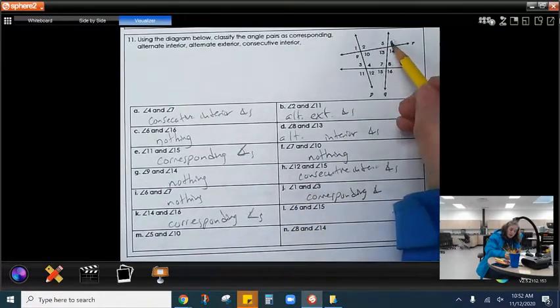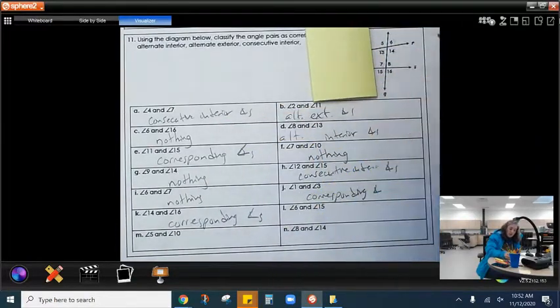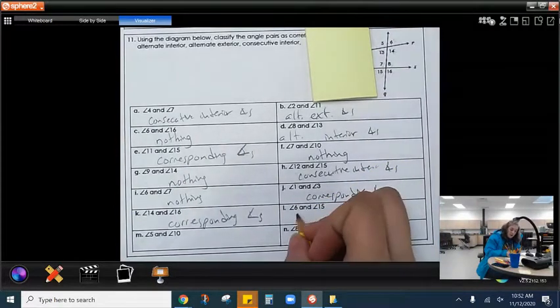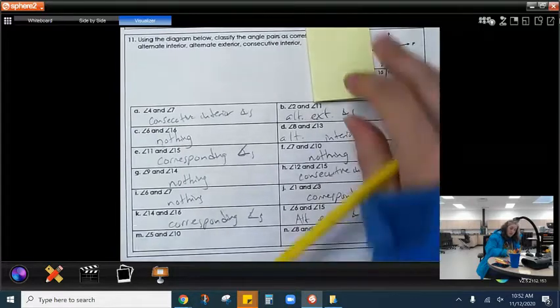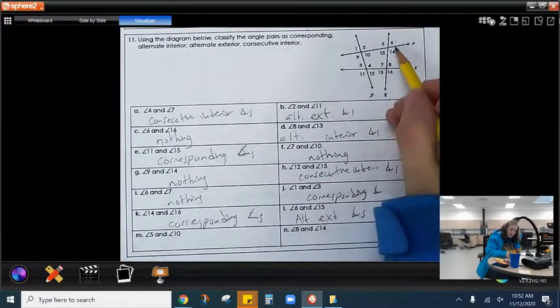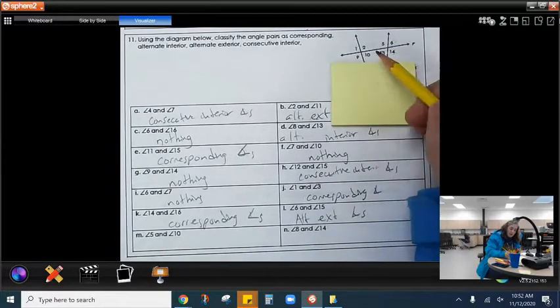Angle 6 and angle 15. I'm going to cover this side up so we can see a little better. 6 and 15 are on opposite sides and they are exterior. So they are alternate exterior angles. And then angle 5 and angle 10. So I can cover this side up. Angle 5 and angle 10.